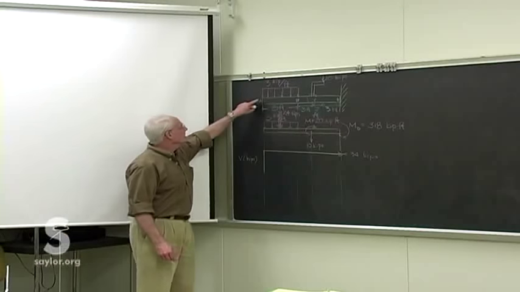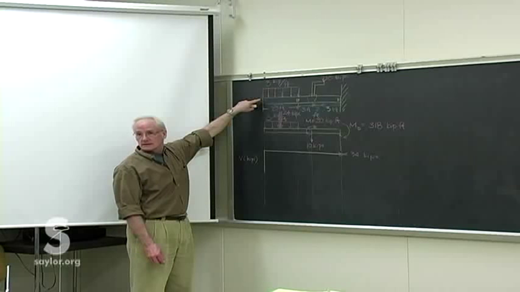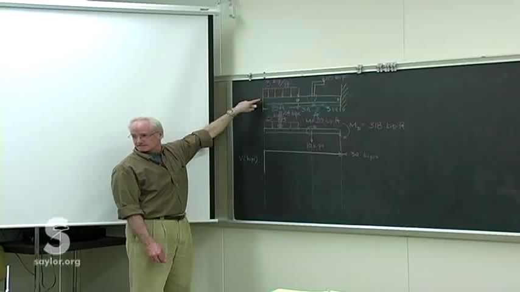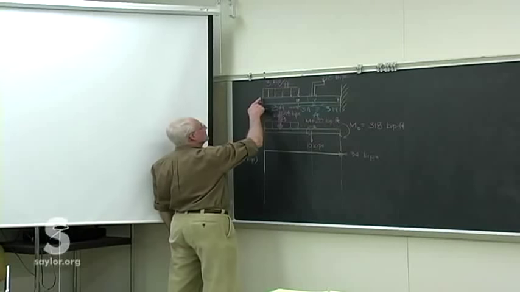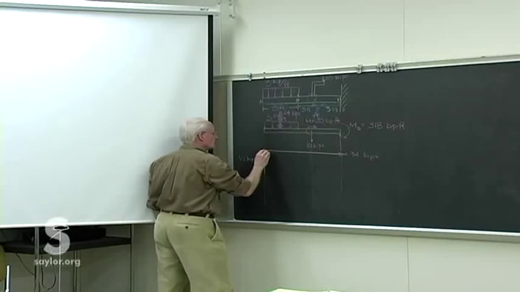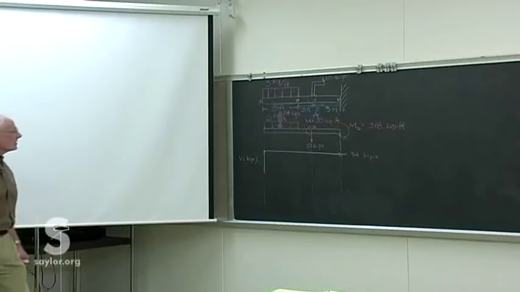What's the shear at this end A? Chalk dust getting you? 0. Yeah, it's a free end. There's no load until we actually get into the beam some distance. So we do know we start at 0.